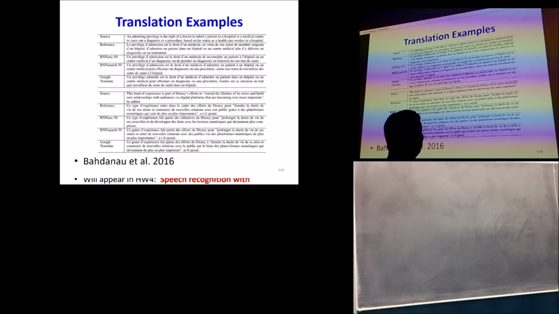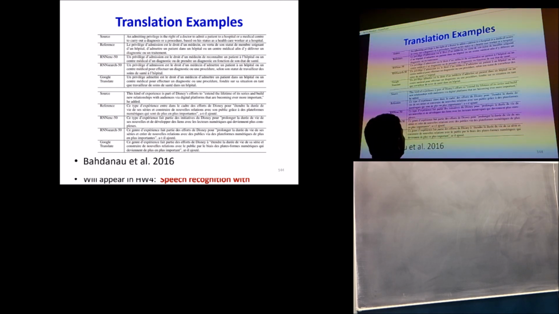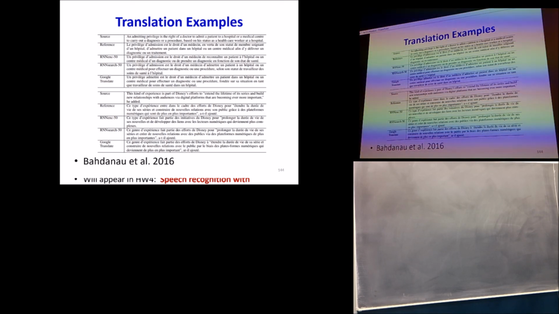Here are some training translation examples that they had in the paper, Bahdanau et al. in 2016. I wish I had any knowledge of French. I can't tell you if this is good or not.